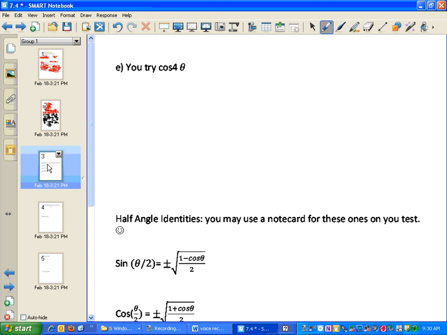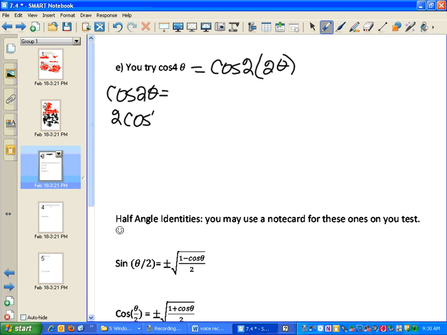All right, so let's try cosine of 4 theta. We want to rewrite that as the cosine of twice what? 2 theta, because 2 times 2 theta is 4 theta, right? Are you with me? So what is the cosine of 2 theta? Your general formula for the cosine of 2 theta is what? 2 cosine squared theta minus 1, or 1 minus 2 sine squared theta.